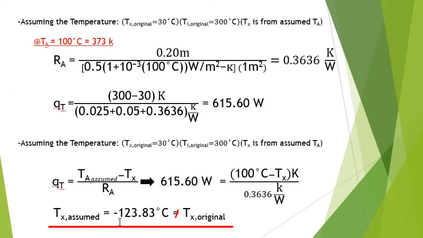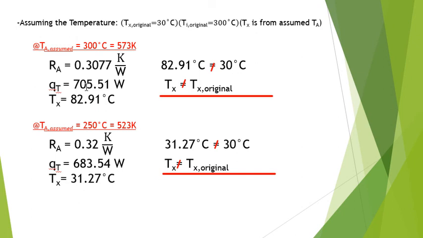If the resulting values are not equal to the original values, which are 30 degrees and 300 degrees Celsius, then the assumed value will be considered wrong. We also assumed values such as 300 degrees Celsius and 250 degrees Celsius, but none of them is equal or at least approximately equal to the original values.